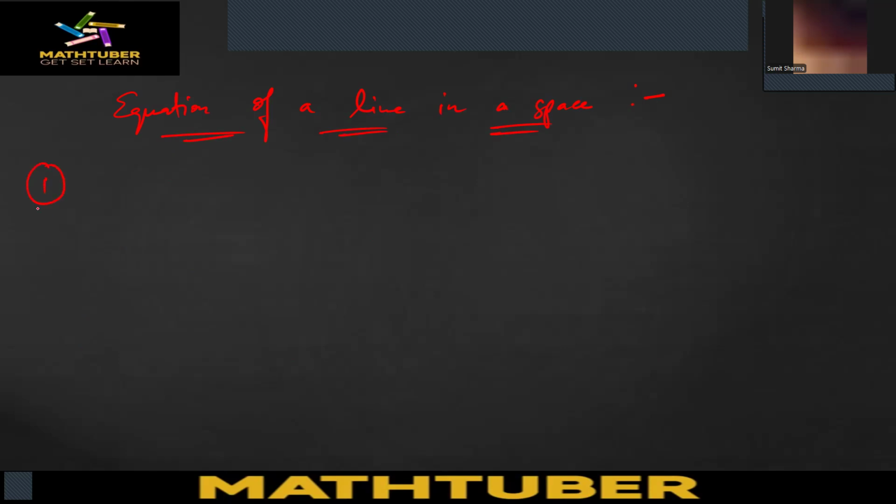Space means it's the three-dimensional space. So we have x-axis, y-axis, and z-axis, right? So what will be the equation of line according to the given situation? So the first is if a line passes through a point and is parallel to a given vector, right?